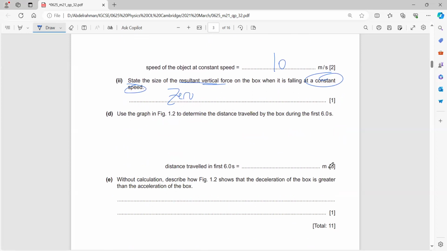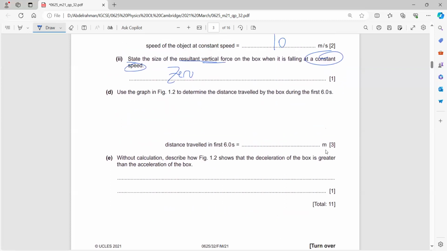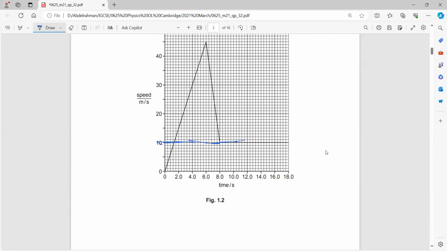Calculate the distance traveled during the first 6 seconds. I don't want the final answer yet. It's the area under the graph. What's the area during the first 6 seconds? This is the area of a triangle, correct?